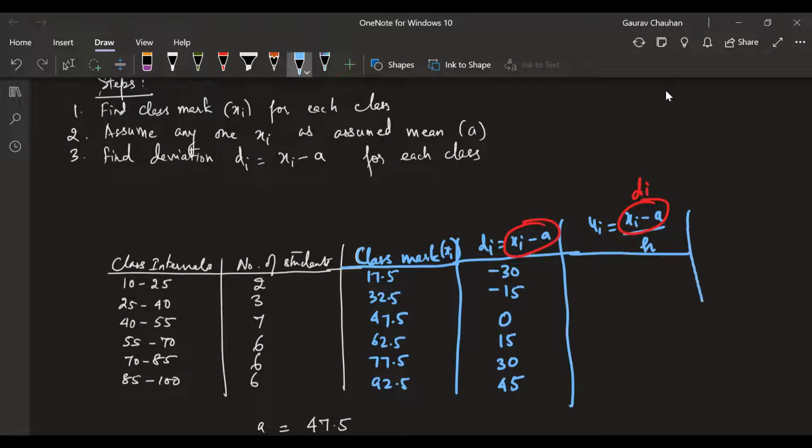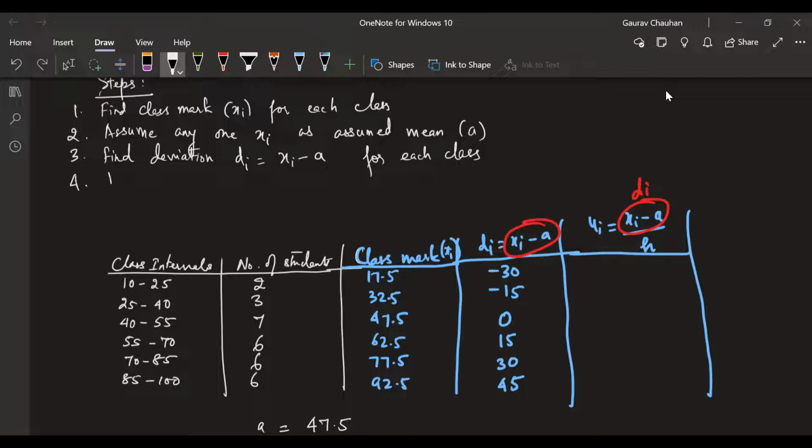What is h? I'm going to take h as the class size here. Basically, you can take any number which is the common factor of all of these. In most cases you will find class size as the common factor. So that's my fourth step.